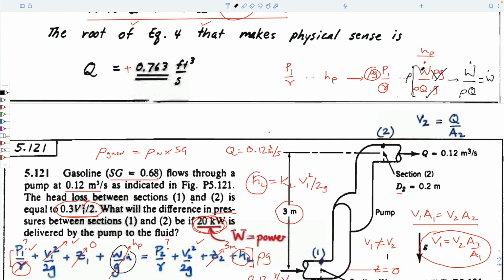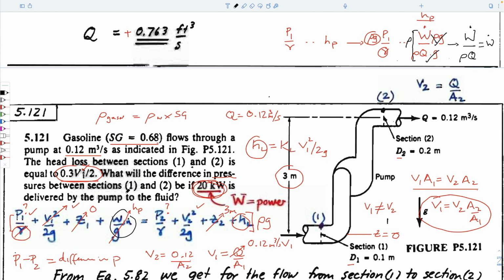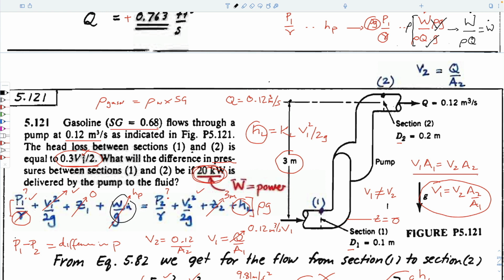We've replaced HP by watts per mass flow rate over G. We've multiplied both sides of this equation by rho G, so that's got rid of this G top and bottom. This hasn't been a term here because the rho has been outside.